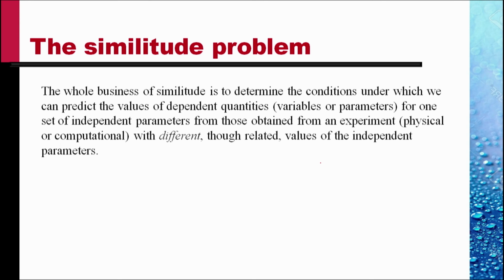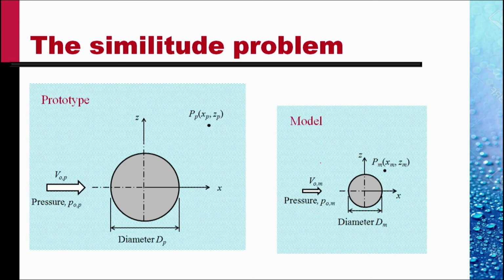That is, for example, we have to find the pressure distribution in the flow field of the flow past this prototype cylinder with a given velocity V naught, with a given pressure P naught, and so on.